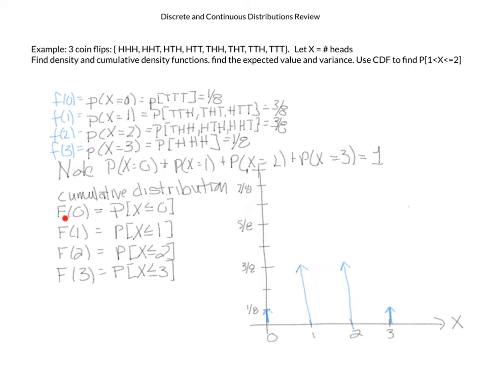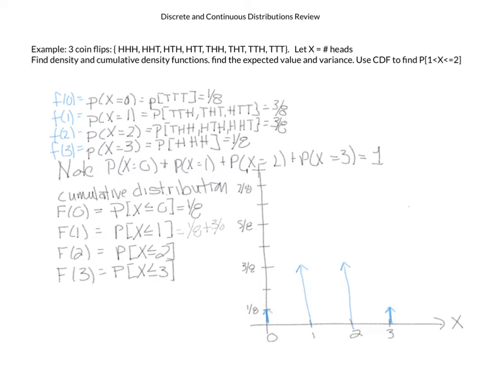So I look at the F of 0. That is the probability that x is less than or equal to 0. So less than or equal to 0 is equal to 1/8. And anything smaller than 0, by the way, F of -1 is going to be equal to 0 because there's no probability until we hit 0. Then the probability that x is less than or equal to 1, well, I have our 1/8 plus our 3/8.